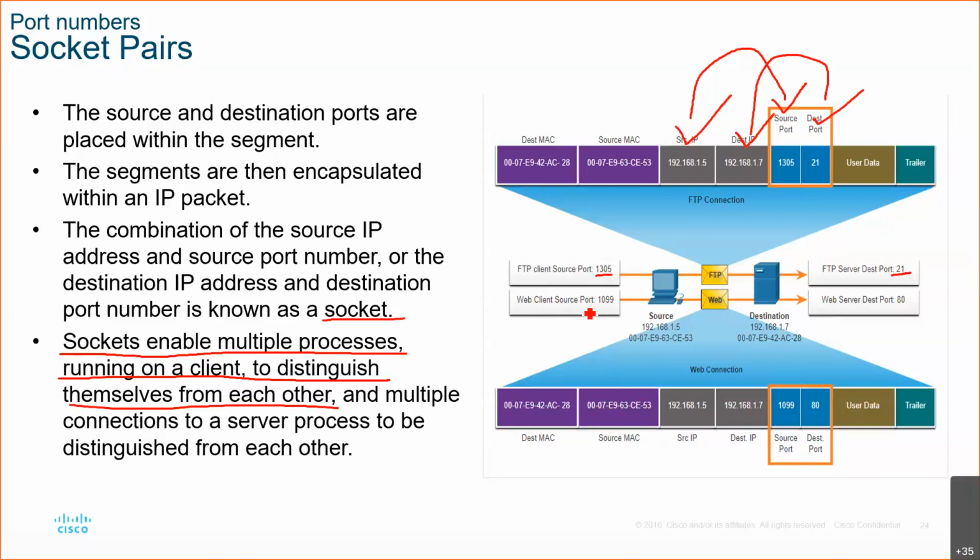The web client, it doesn't matter, this is not a famous port, but using this port it communicates with port 80. Port 80 is famous as our HTTP port. So the same server can give services based on two ports, FTP service as well as web server service.